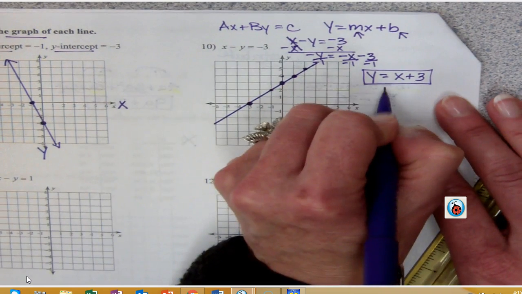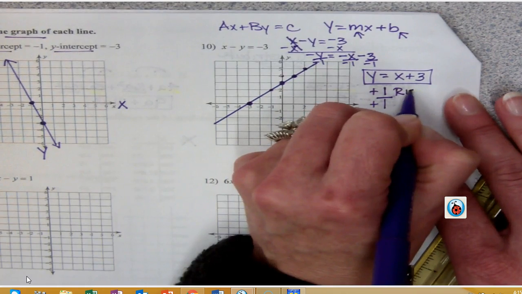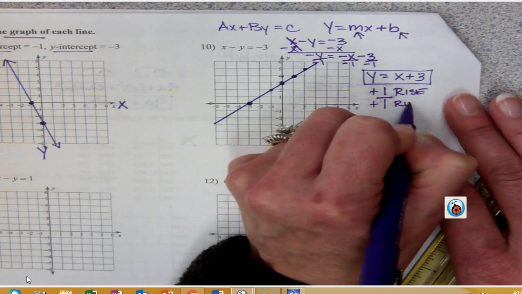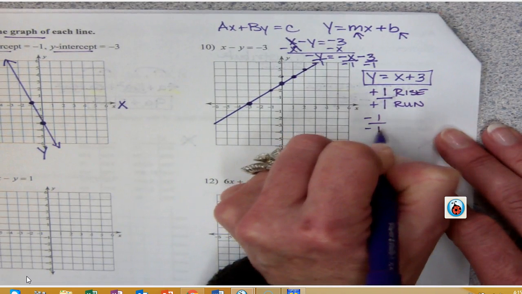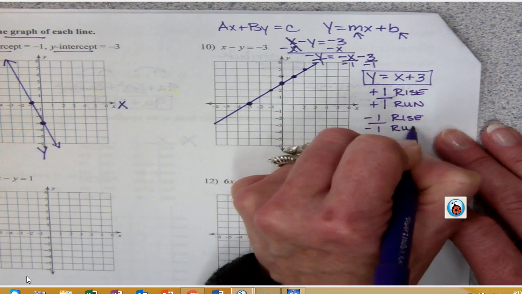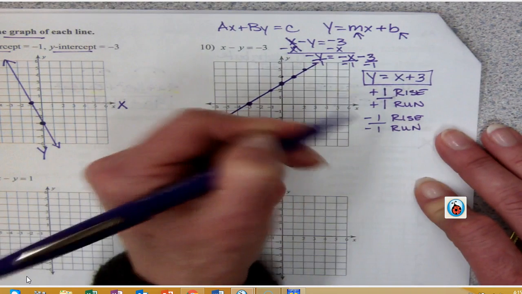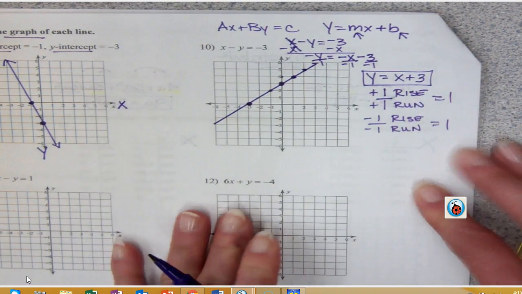So here I've got a +1 over a positive. This is my rise. This is my run. I could also have it be a -1 over a negative because I know that a negative over a negative equals a positive. They both are going to equal +1.